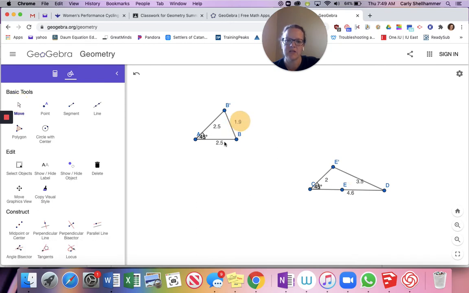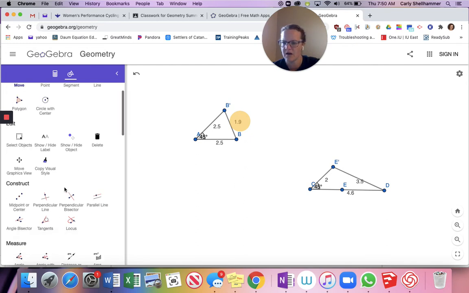In fact, I can do angle measurements right here, and I'm not going to see that the angles are congruent. Remember, for triangles to be similar, the angles have to be congruent, all 3 of them. You only have to prove 2 because the third one's going to be congruent, but the angles have to be congruent, and these are not.